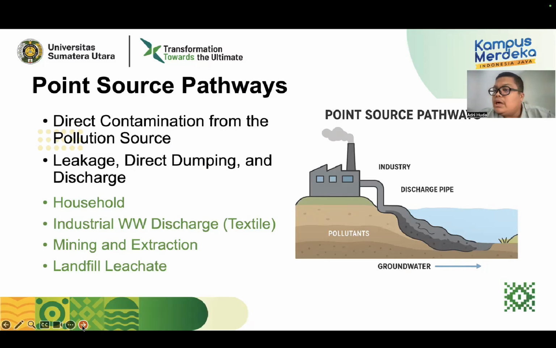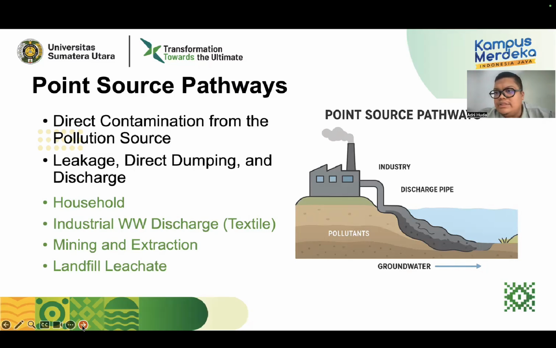Industrial wastewater discharge, for example, the textile industry. I know some textile industries, especially the small or middle size ones, don't have a proper wastewater treatment system, where all of the textile wastewater is just dumped directly to the water source, for example, the river.